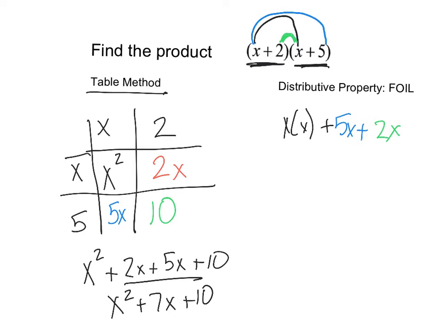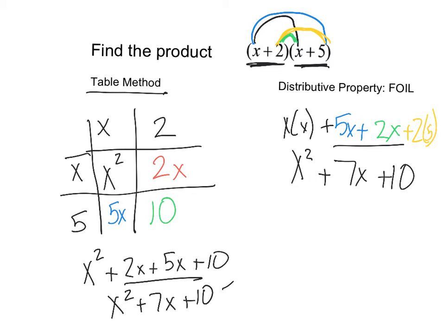Finally, last. Okay, now I'm going to simplify. X times x is x squared plus 5x plus 2x is 7x plus 5 times 2 is 10. I got the same answer. It's whichever way is easiest for you.